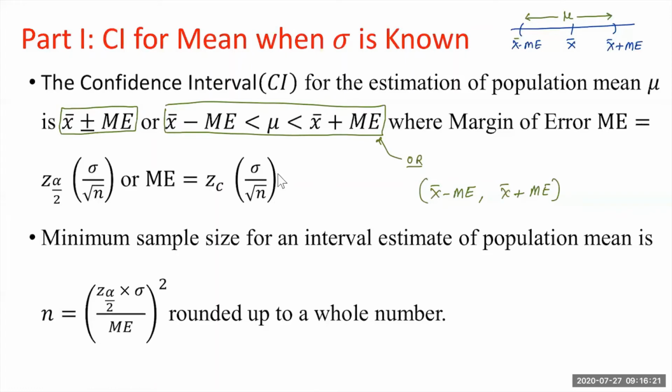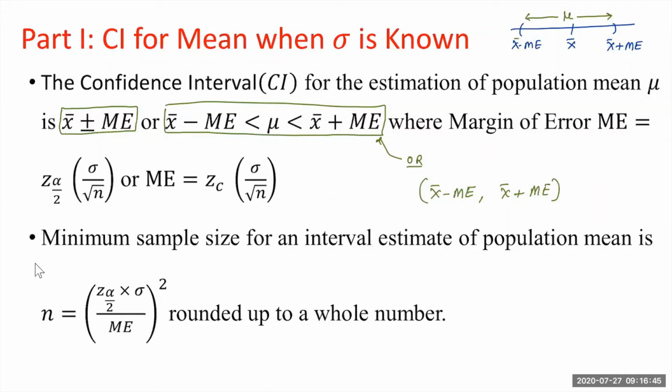If we do this, we get the margin of error. Once we have the mean, we can add and subtract to get the interval. So please write this formula here: margin of error is calculated using Z sub C times the population standard deviation divided by the square root of n. This is the first formula that you need to know.